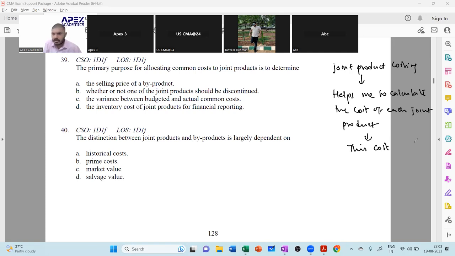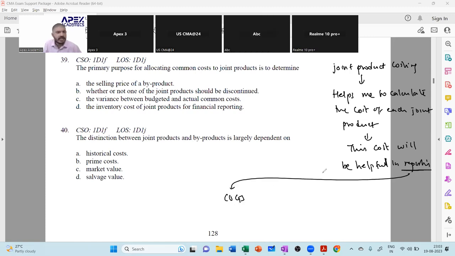This cost will be helpful in reporting COGS, closing stock, and because of this, obviously, gross profit. All of these items, where do you find them?